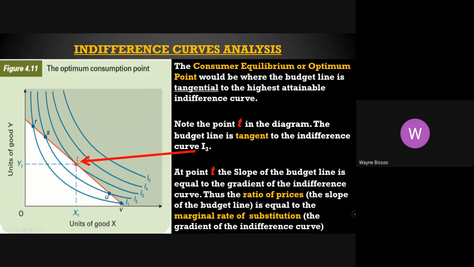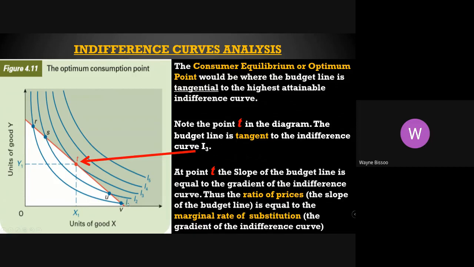Now it means I can't get to I4 and I5, but I can get to the highest indifference point at T. Now, notice that there are other places where the indifference curves are cutting across other budget lines.